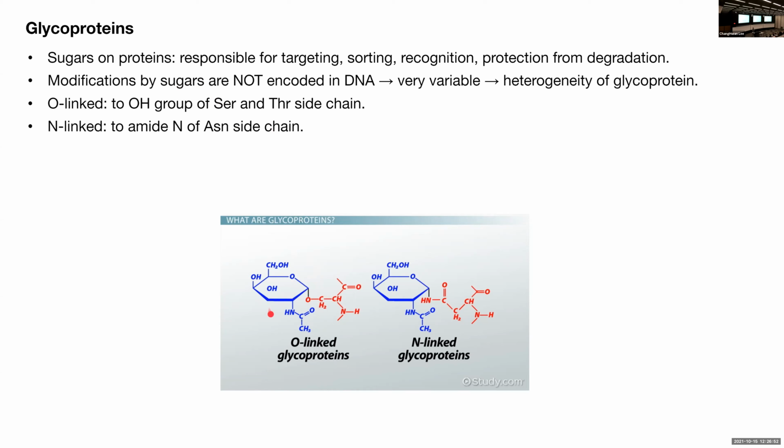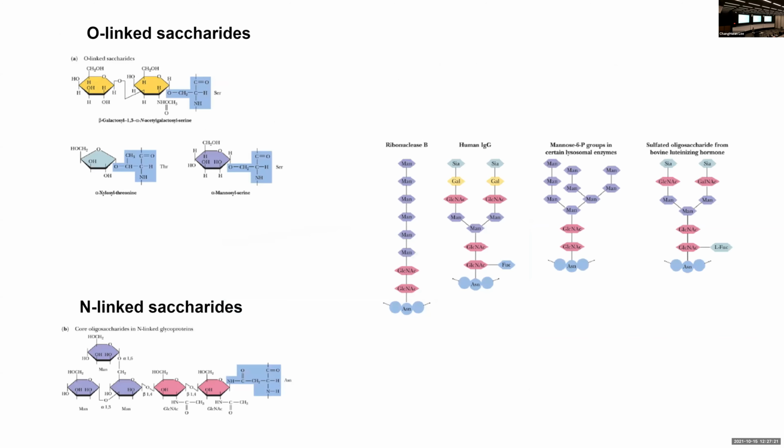As you can imagine, if you lose the proton from the hydroxyl of the serine or threonine side chain, then it is available to make a linkage to a sugar molecule. And for N-linked ones, asparagine is the one that can form these linkages because it has an amino group at the end of the side chain, so it can be used for making the glycoprotein.